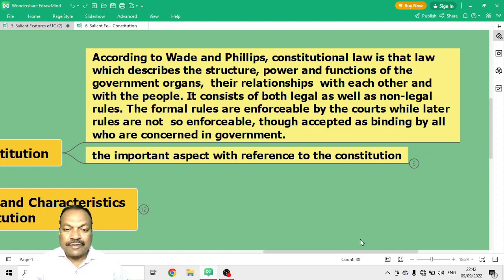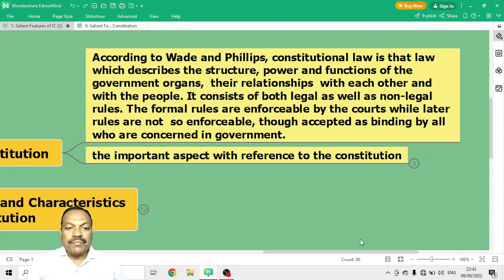Further, this says that it consists of both legal as well as non-legal rules. Here, the formal rules are enforceable by the court of law, while the latter rules are not so enforceable, though they have been accepted as binding by all who are concerned in the government.